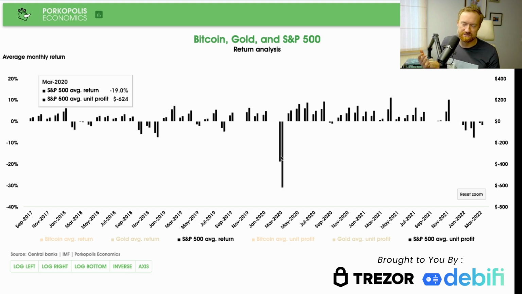The unit prices are different, but I just like to use the index. So if you could buy the index of the S&P, a 19% return would have been a $624 loss. But again, if you held through that, it wouldn't matter at all. The next month you were back up. So February and March 2020, it would not have mattered if you had sold that or not.